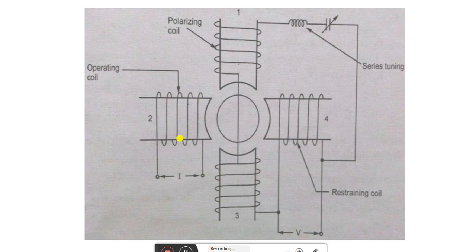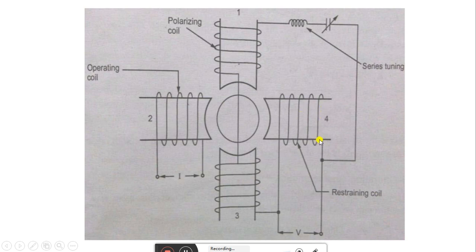So this is the induction cup nature of this relay, where we have 4 poles: 1, 2, 3 and 4. In pole 2 we have an operating coil which is supplied by the current, and in poles 1 and 3 we have a polarizing coil which is supplied by the voltage.